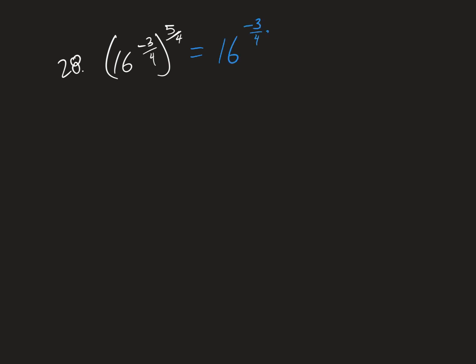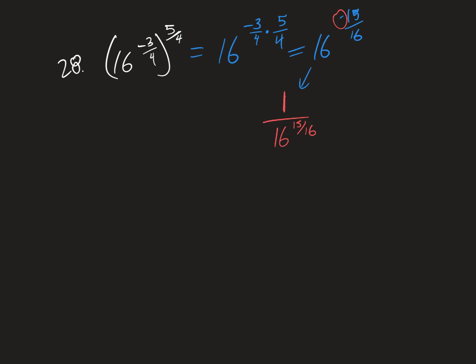Negative 3/4 times 5/4, which gives us 16 to the negative 15 over 16 power. Okay, sorry, this is a little messy. Now, I'm going to use the fact that that exponent is a negative to cause this to flip over the fraction bar. So 1 over 16 to the 15/16 power.